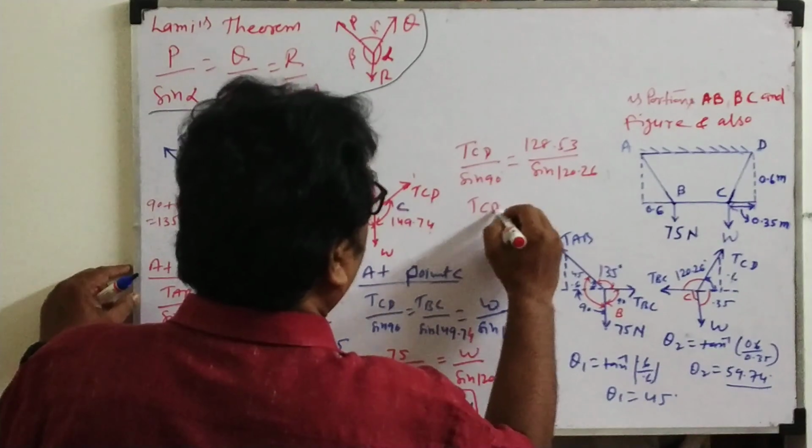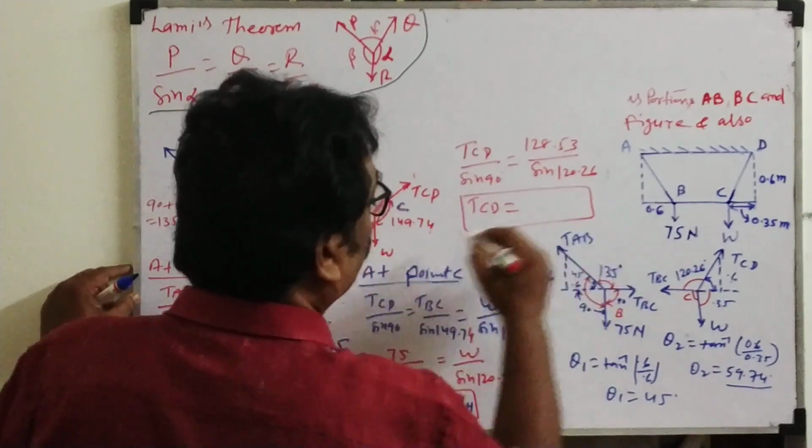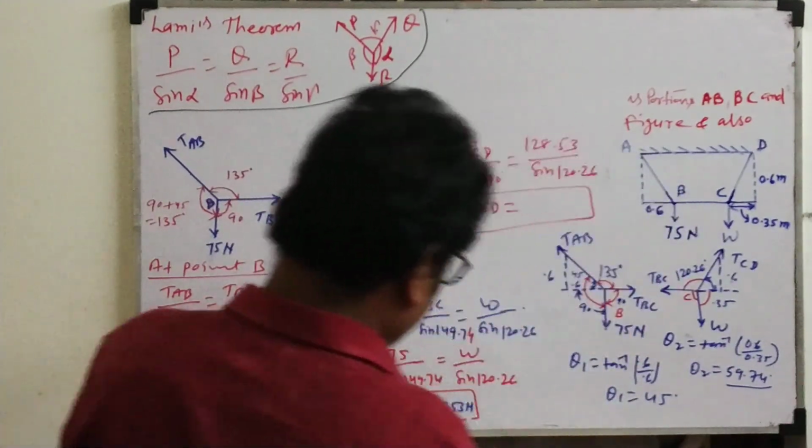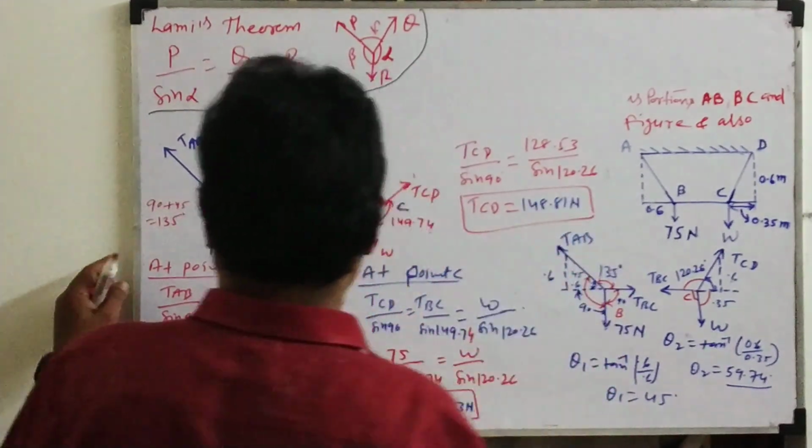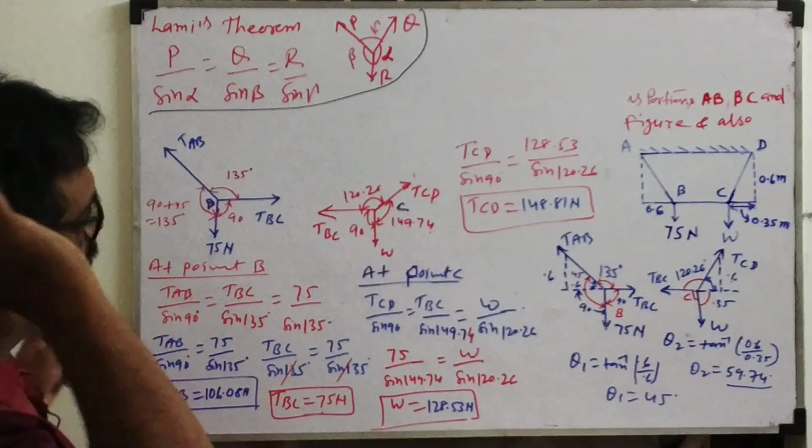So TCD you will get, the value we already calculated, TCD 148.81 Newton.